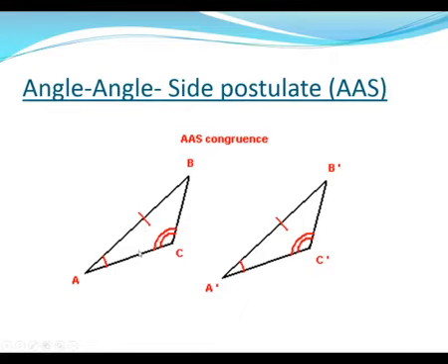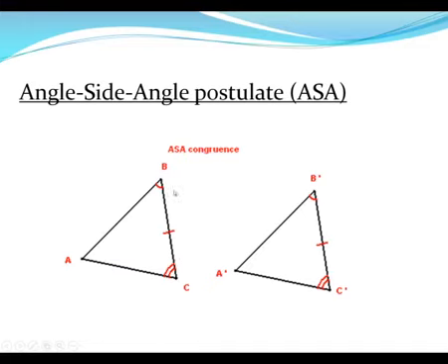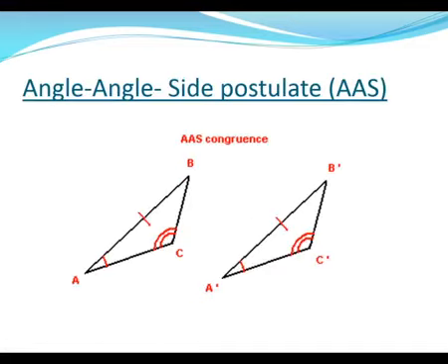So this one is kind of the reverse of SSA, which does not work, so be careful. The two angles are side by side, and the side is not in between them. So angle, angle, side, versus angle, side, angle. Take it in, and make sure you understand the difference.